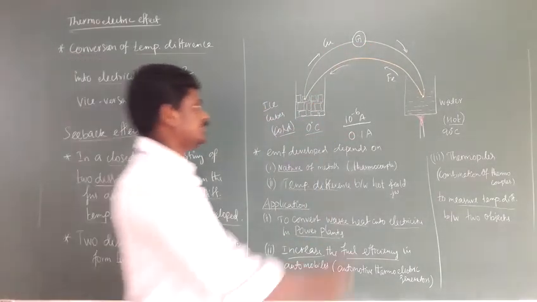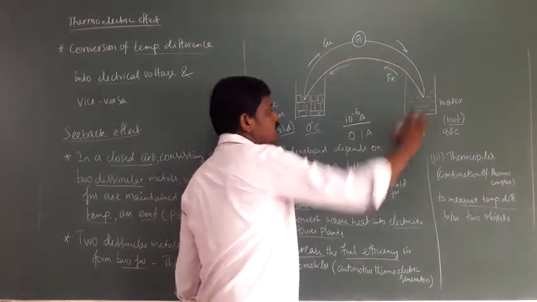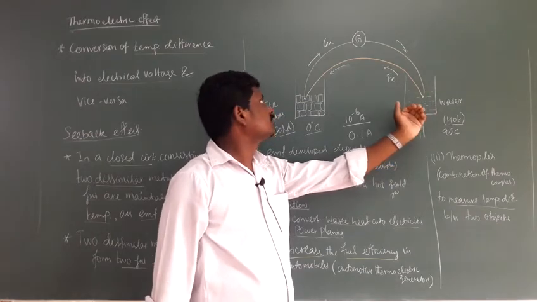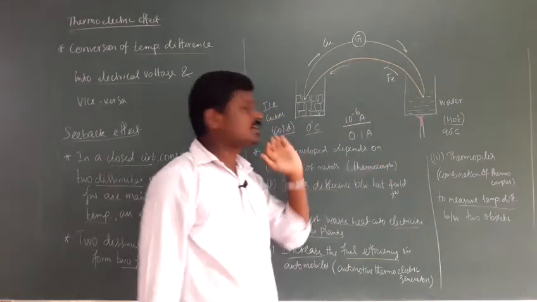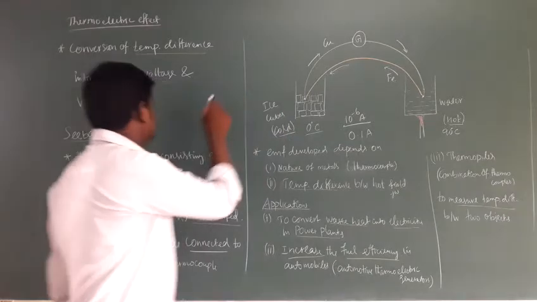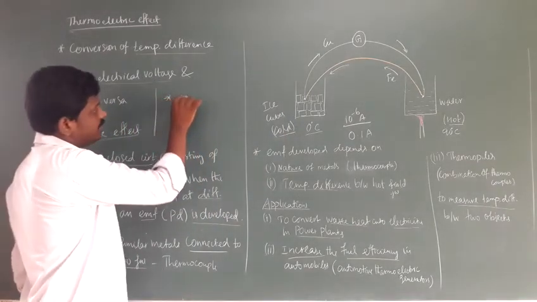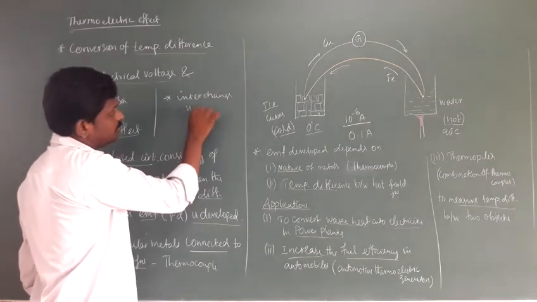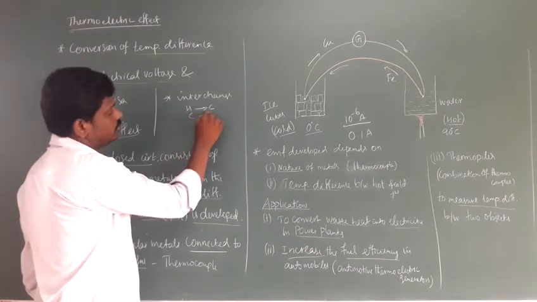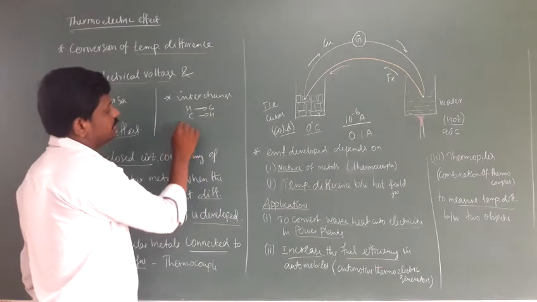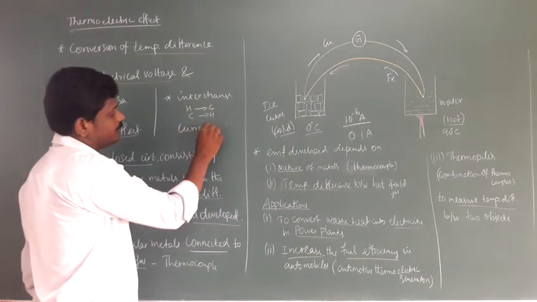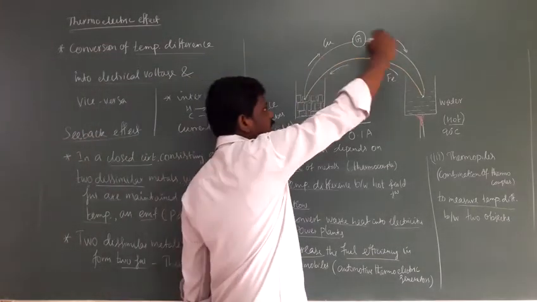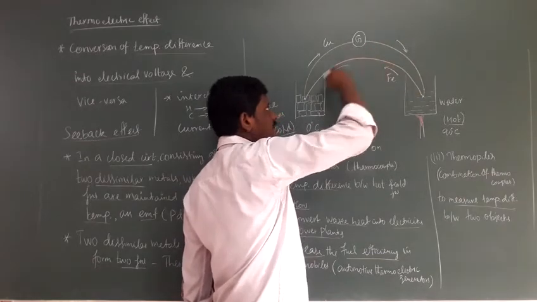If we interchange the hot junction and cold junction, the direction of current changes. Now the current flows in this direction, shown by the arrow.